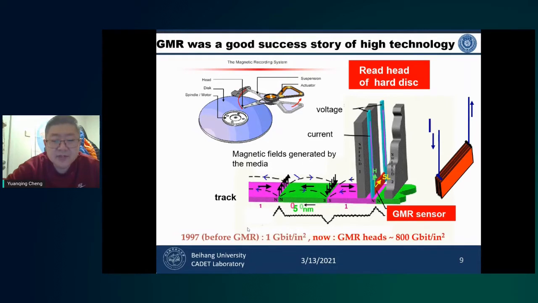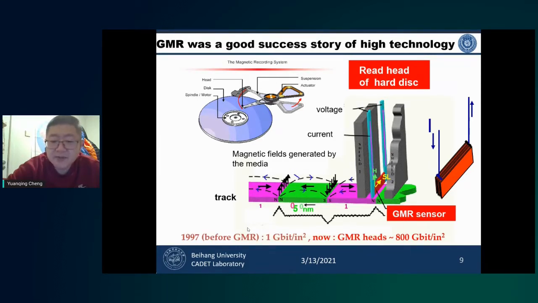We used GMR embedded in the hard drive to sense the data stored on the hard drive.